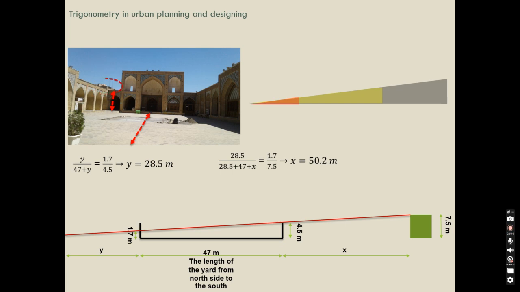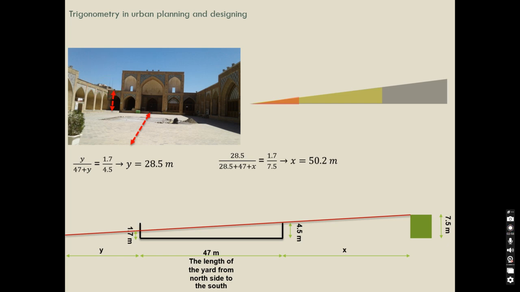So what we want to estimate is the length of the line X. Am I right? Yes, X, which shows us the distance between the Jama Mosque and neighboring buildings with at most 7.5 or 10 or whatever you want meters height.